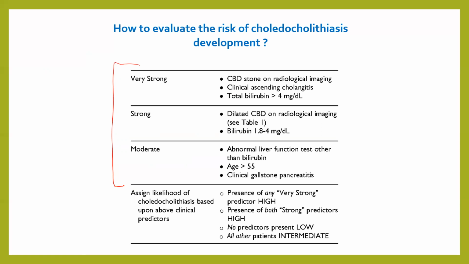Because like I said, ERCP is quite a risky procedure, and the procedure itself can precipitate acute pancreatitis. So we usually look into this risk stratification table to assess how likely it is that the patient will have stones. And in that case, we can just go through gallstone removal.